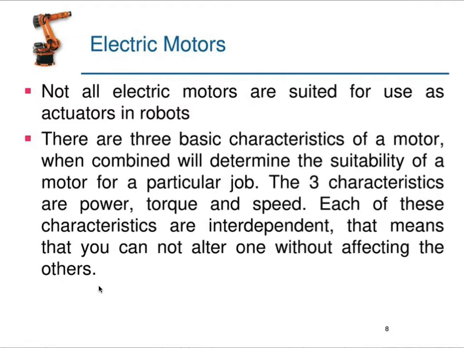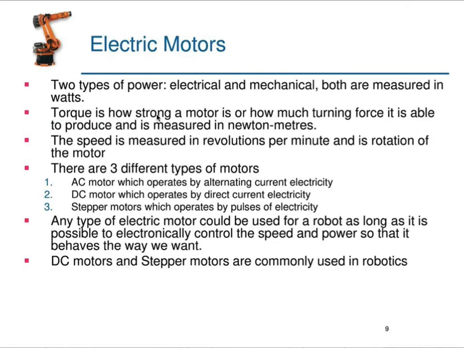This is very important. If you see here, there are two types of power, electric and mechanical. Both are measured in watts, isn't it? Torque is how strong a motor is, or how much turning force it is able to produce, and is measured in Newton meters.